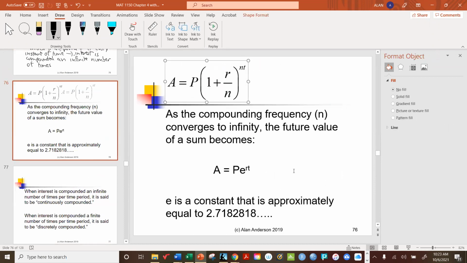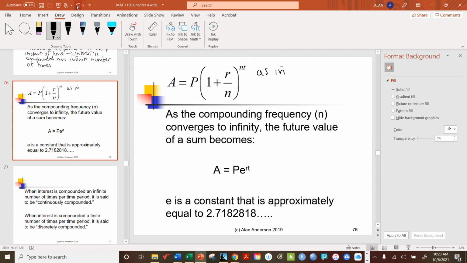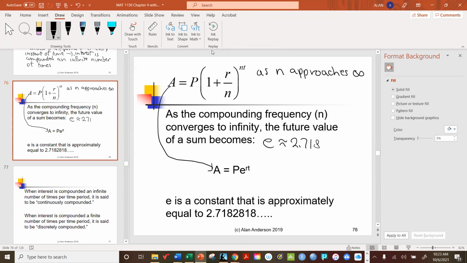So what you have to imagine is that as n increases, and I mean increases massively, and in fact, so massively that it approaches infinity, then what happens is this expression turns into this one, where remember e, as we've been seeing in this chapter, is approximately 2.71828.